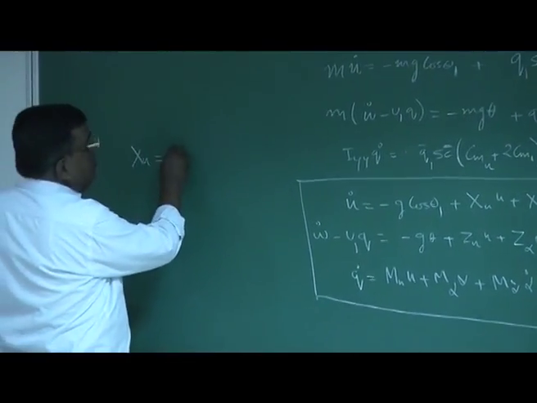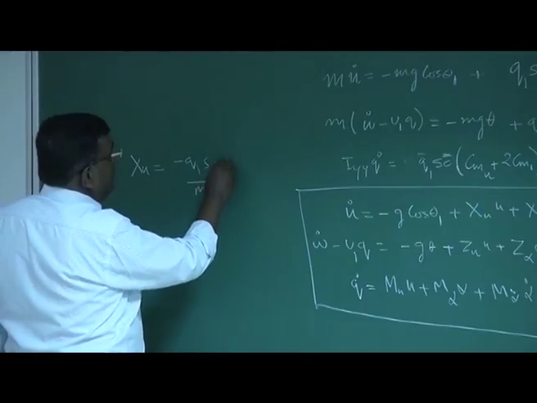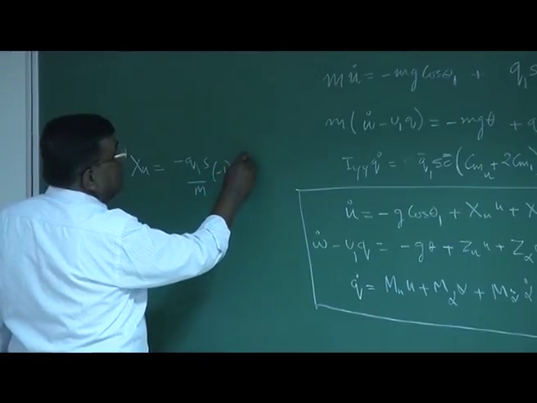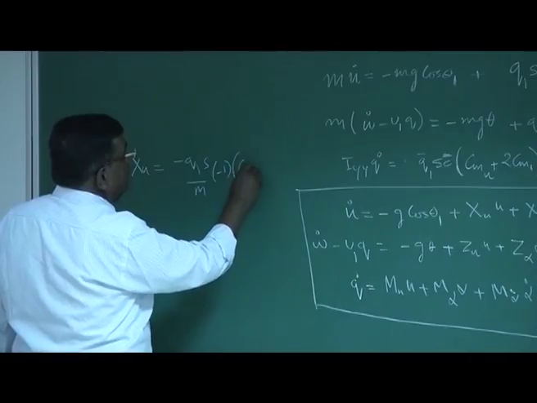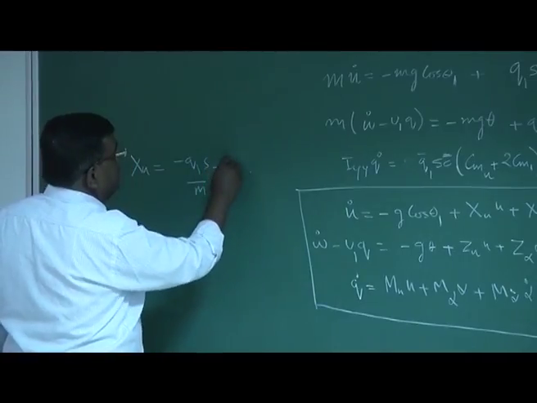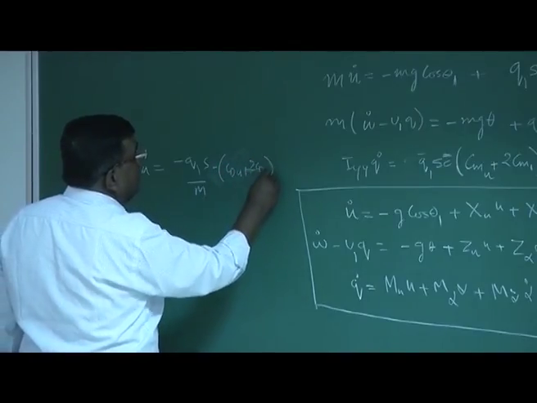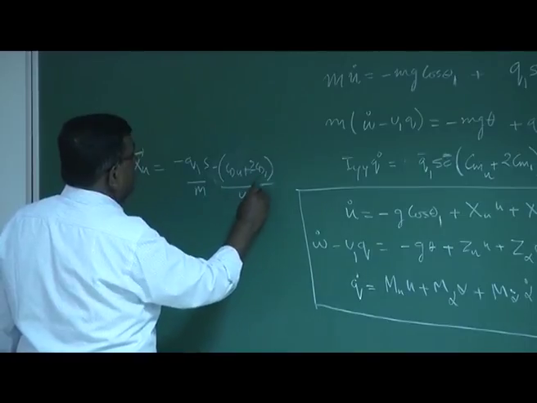Xu will be minus q1s by m into minus 1 into cdu, or let me write like this, q1s minus cdu plus 2cd1 divided by u1.